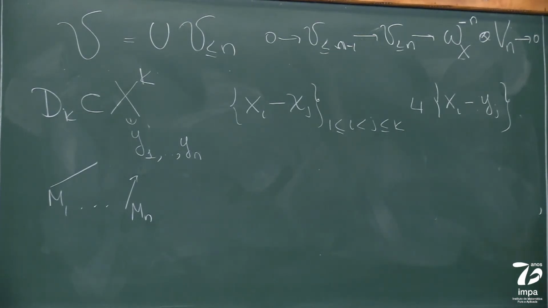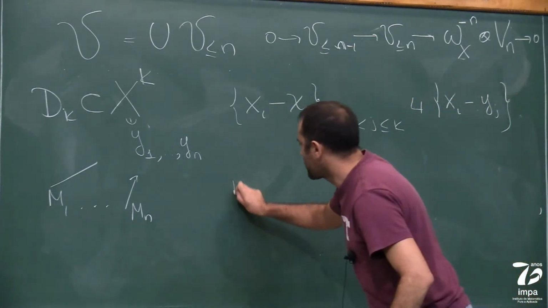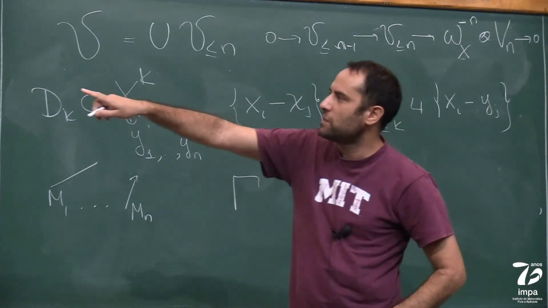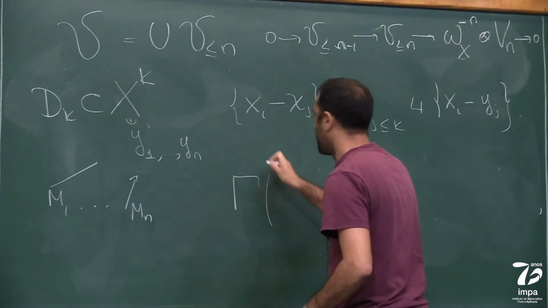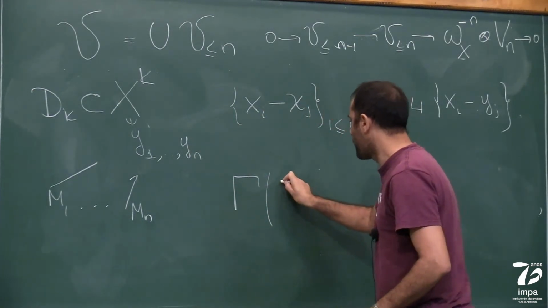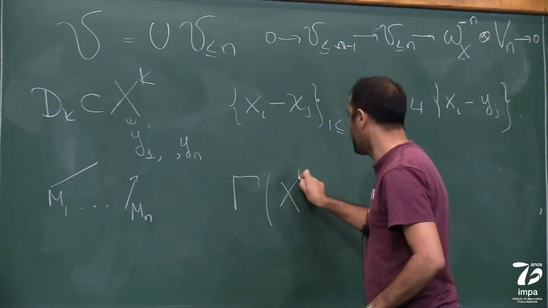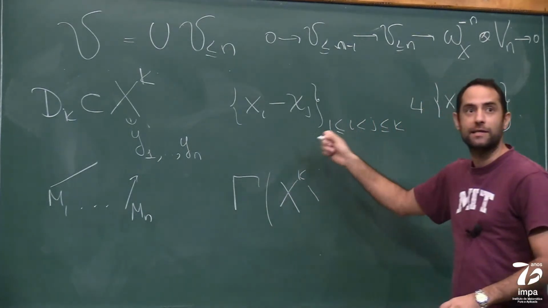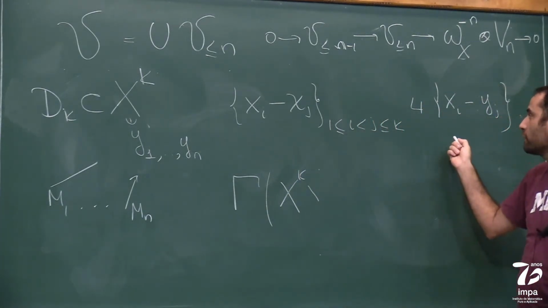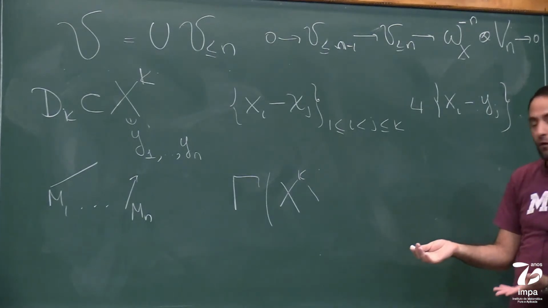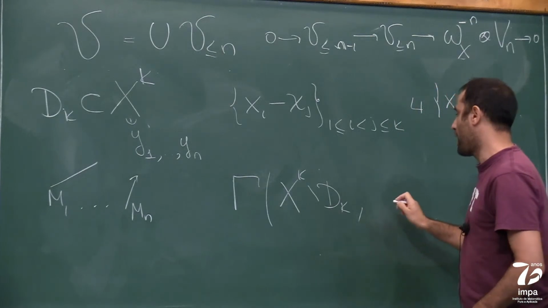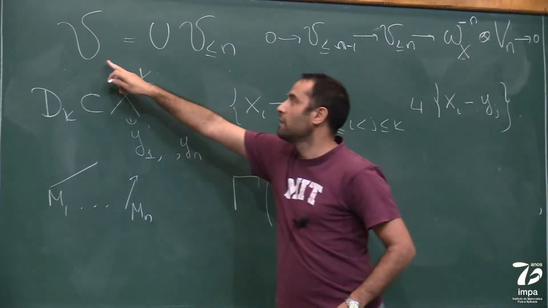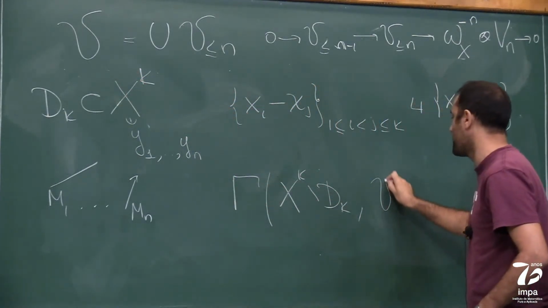So what I will take is sections. This is going to be the analog of g to the k plus 1 tensor M, or probably g to the k tensor M. I'm going to take sections on all of X^k, and I'm going to allow singularities there. We've already decided that we needed singularities in these spaces to see the full OPE. So I'm going to take sections of this bundle taken k times.